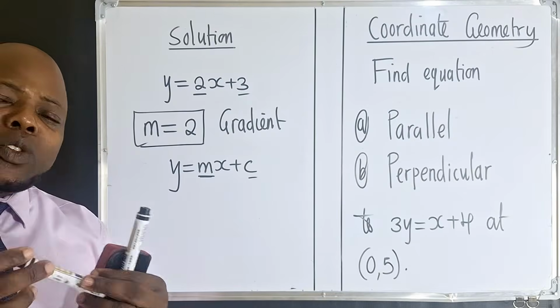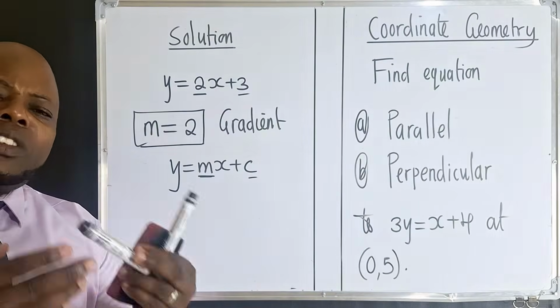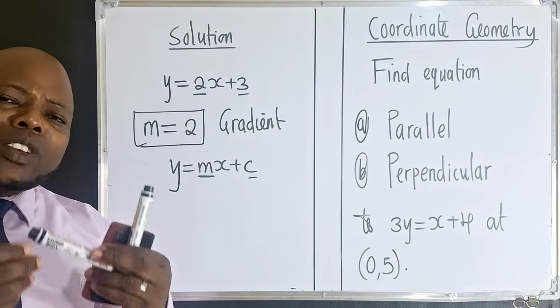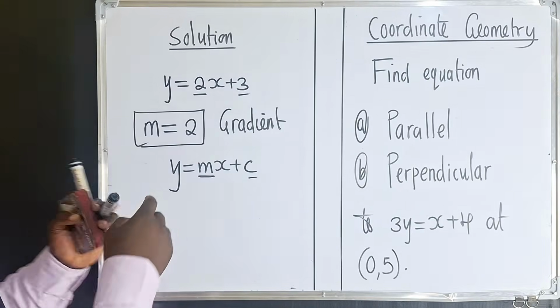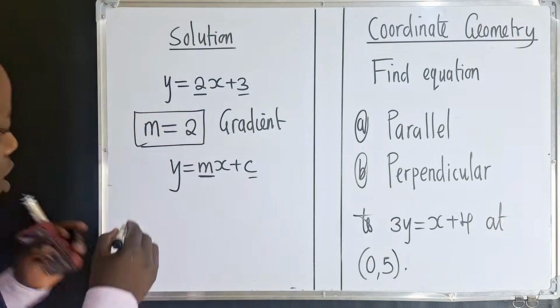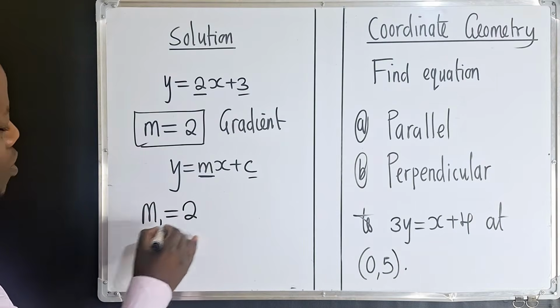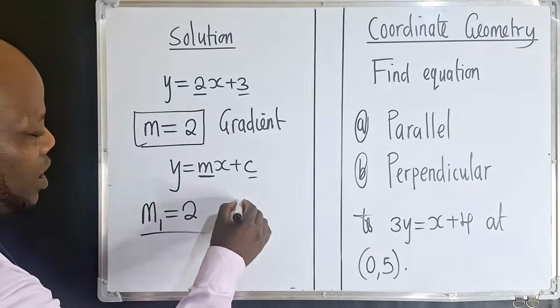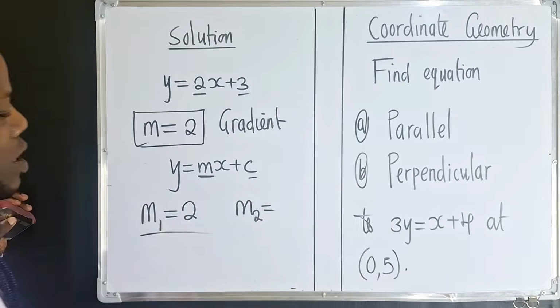But when it comes to perpendicular, there is something that we do to the gradient. We don't use the original gradient. So an example, let's say this is your original gradient. We shall call it M1, which is equal to 2. You need to find M2, which you're going to use to find a perpendicular.